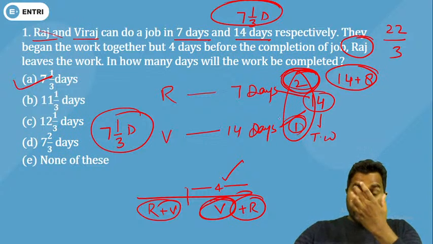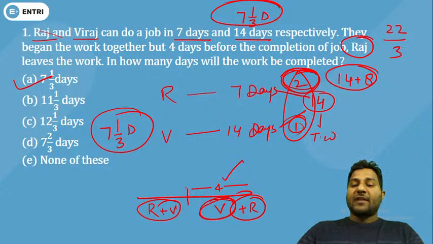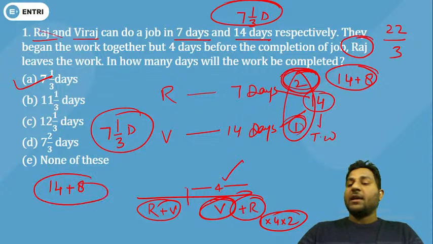If Raj is doing 2 work per day, then in the last 4 days Raj will do 8 work. And this 8 work will be added to the total work to balance the equation.